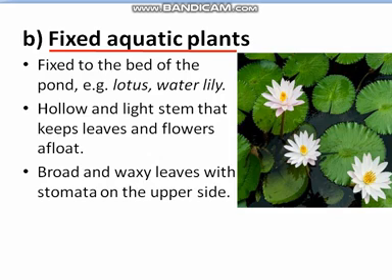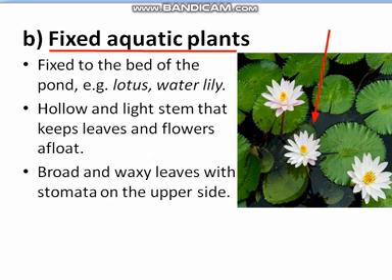Like here you can see in the picture, this is lotus actually. Their roots are fixed to the bottom of the water body, while their leaves and flowers have come out of the water. They are floating on the water.